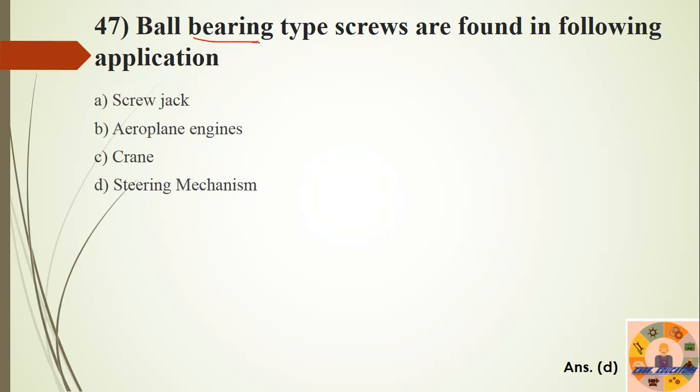It also acts as a percussion screw, and it has close tolerance and is used in high precision applications. So the ball bearing type screws are found in option D, steering mechanism.